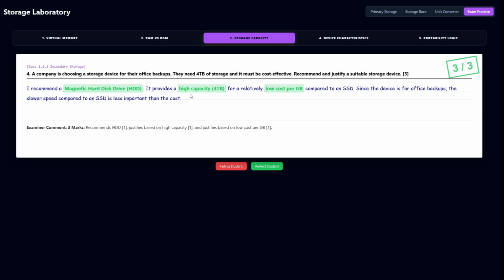It provides a high capacity, 4 terabytes, for relatively low cost per GB compared to an SSD. Since the device is for office backups, the slower speed compared to SSD is less important than cost. It recommends HDD, justifies based on high capacity, and justifies based on low cost per GB. Plus, it's a backup, so you won't be needing to move it around. It will be stored somewhere safely.